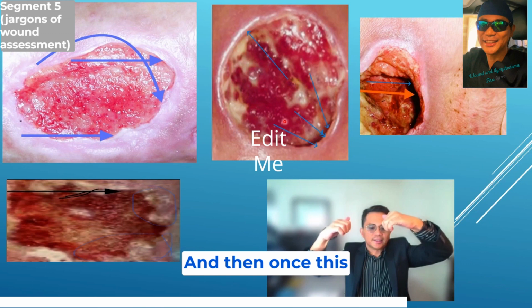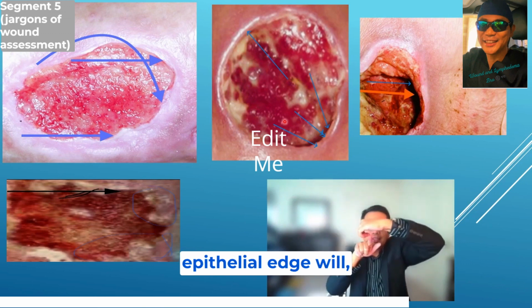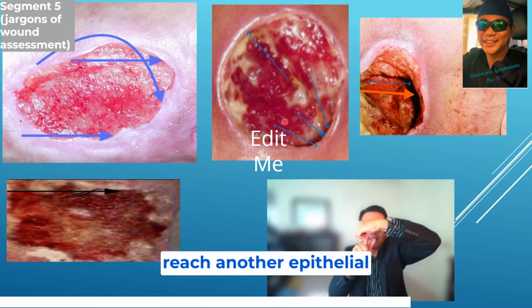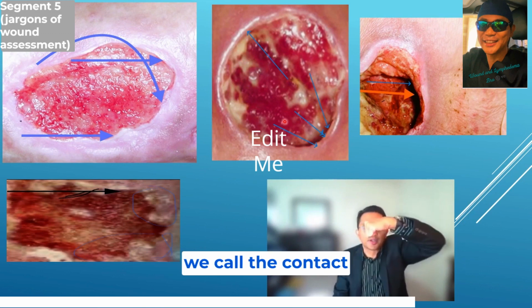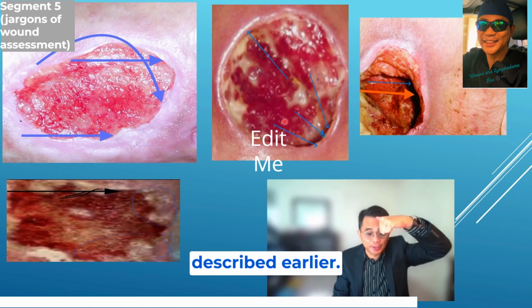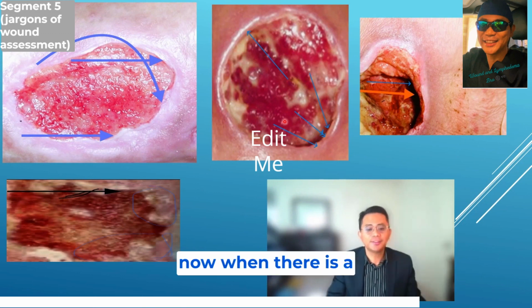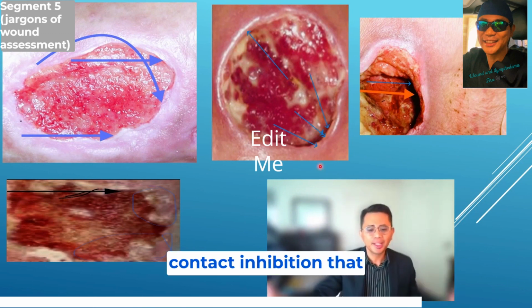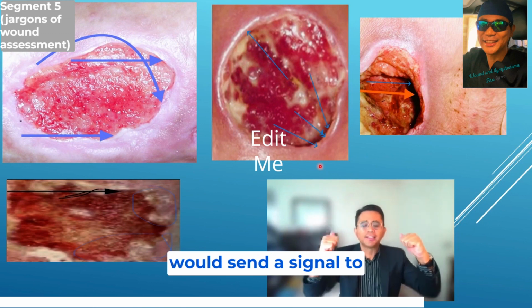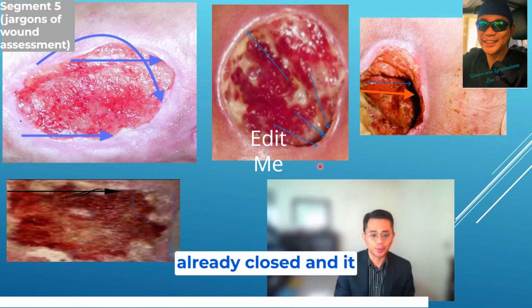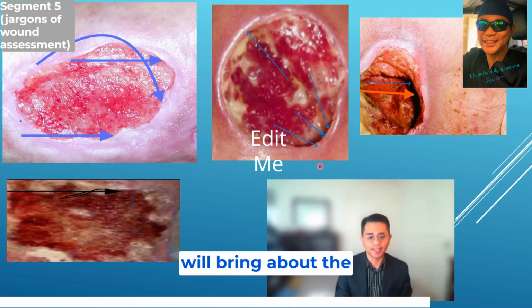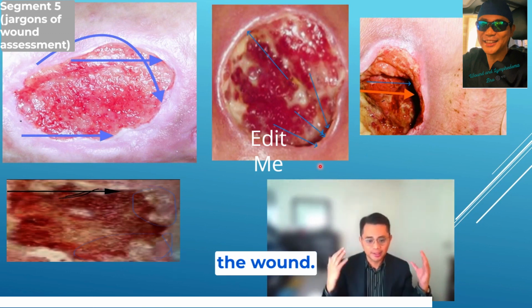Once this epithelial edge reaches another epithelial surface in here, they will go into what we call the contact inhibition that we described earlier. When there is contact inhibition, that sends a signal to the body that the wound is already closed, and it will bring about the chronicity of the wound.